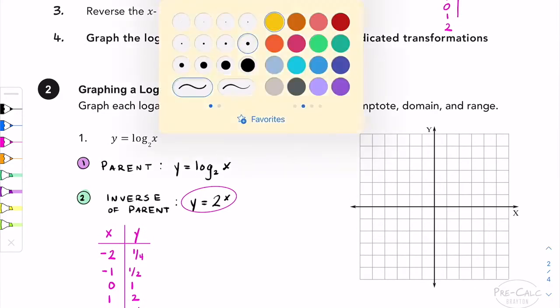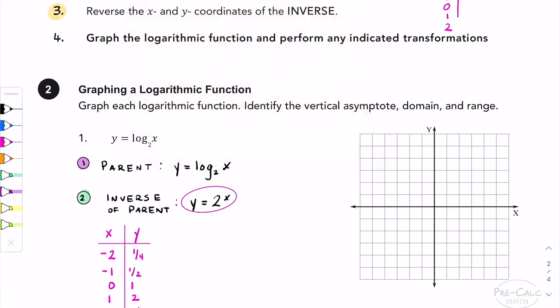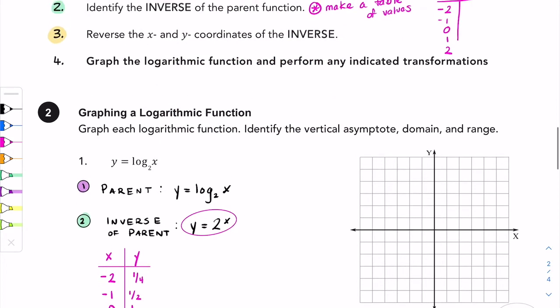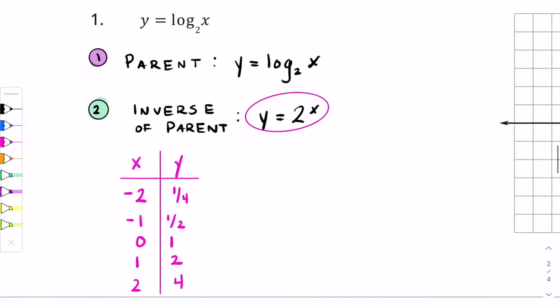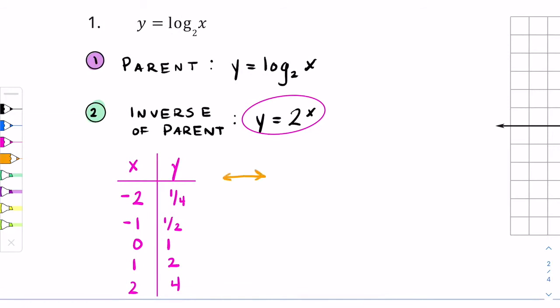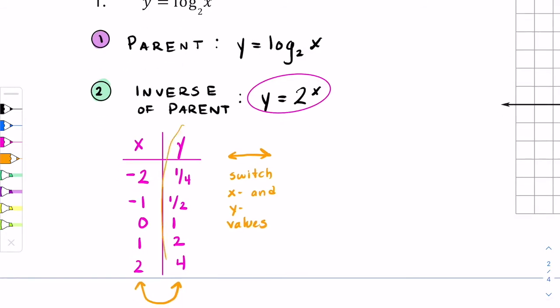Step 3 in the steps above tells us to reverse the x and y coordinates of the inverse. That means we're taking this graph here and we're switching our x and y variables. So switch your x and y values. That means I'm going to take this column for my y values, and I'm going to make that my new x value list.